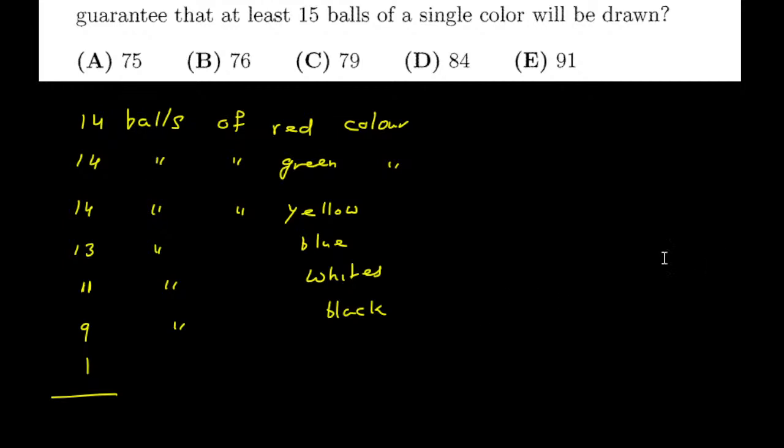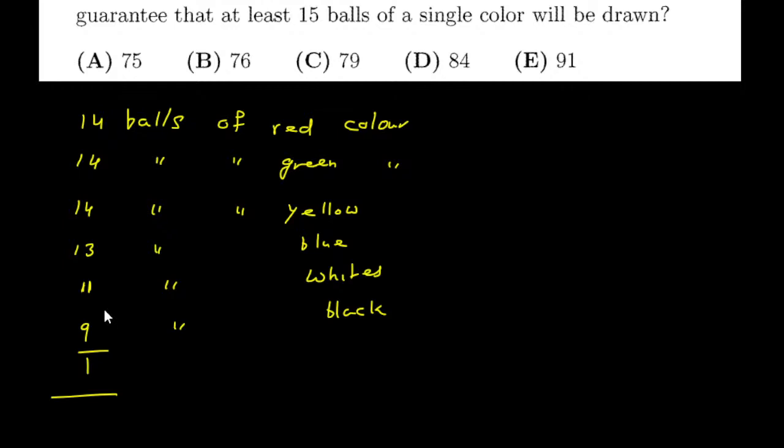Because here, after drawing till this 9, the next ball you draw will be the 15th ball of the same color. So I have 14 times. How many times? 3 times we have done.